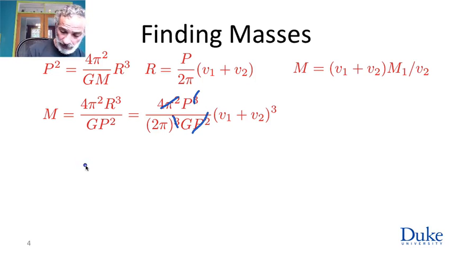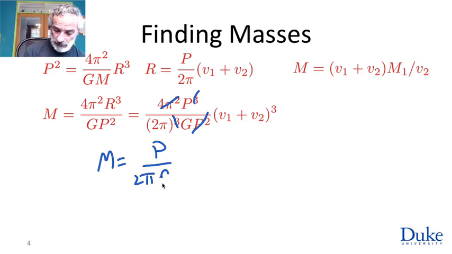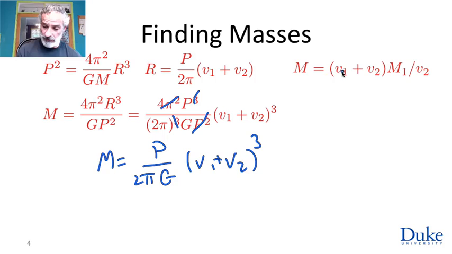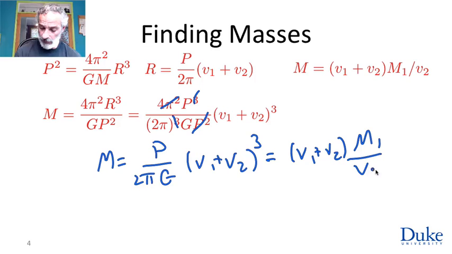and I get left with one power of P up top, and I can write an equation that says that M is P over 2 pi G times (V1 plus V2) cubed. But I also have this other expression for M in terms of my friend M1, and that's (V1 plus V2) M1 over V2.